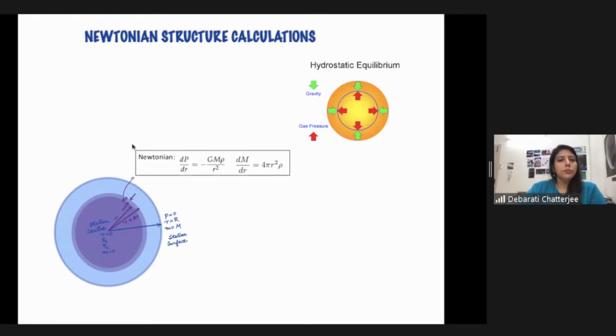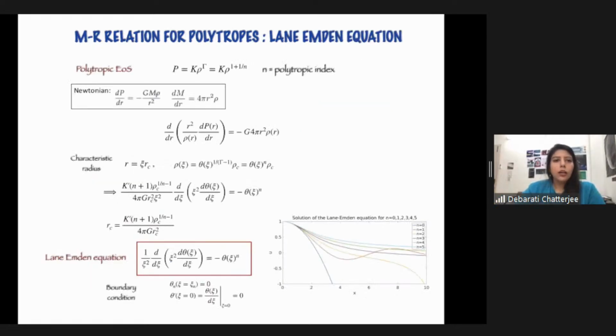So this is how the structure of the star can be calculated. Now we take a specific example. We already talked about polytropes, which have the simple form P equal to a constant times density raised to the power of an index. How about we try to solve this analytically and see what we get?